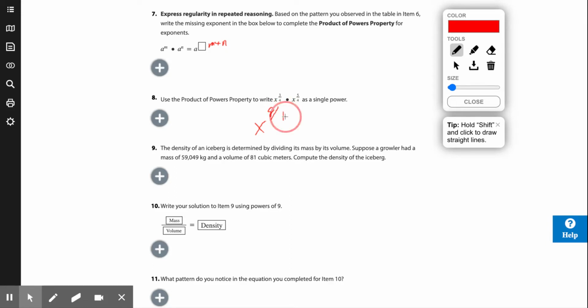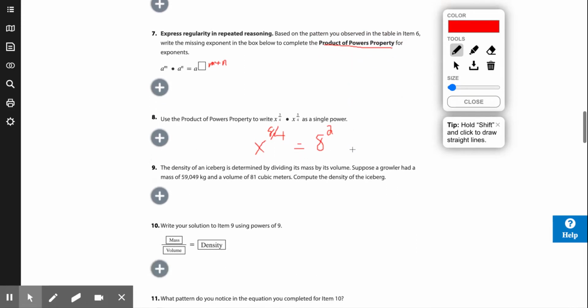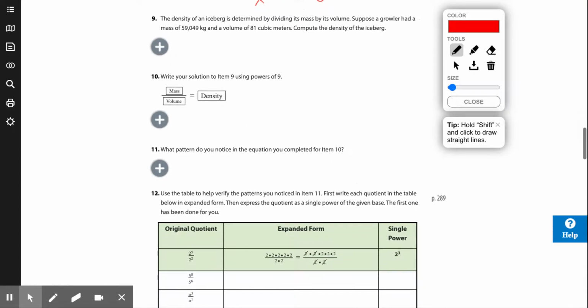And you can reduce even your exponents. That's going to be x to the second power, 8 divided by 4 is 2. So there we go. That's the rule for the product of powers property. You basically just add the exponents for like bases.